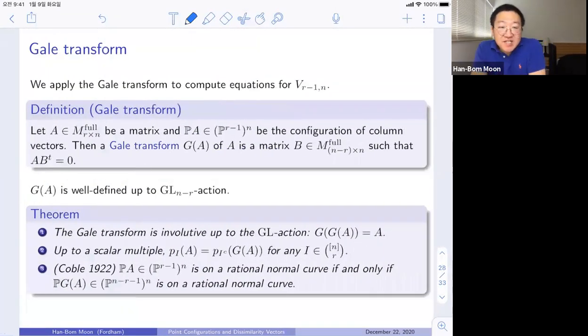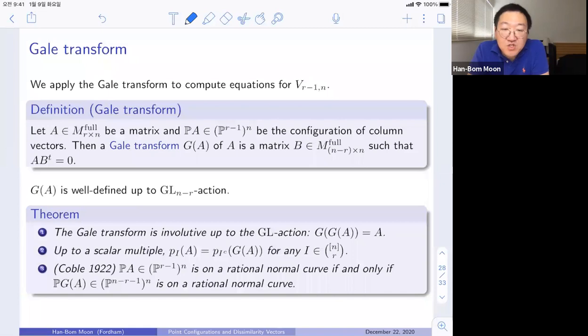Our key ingredient is to apply the Gale transform to compute the equations of V_{r-1,n} for higher r and higher n. Here is the definition of the Gale transform. Let's take a full-rank r by n matrix A. By taking the column vectors, we can make a point configuration in P^{r-1}, which we denote by P_A.